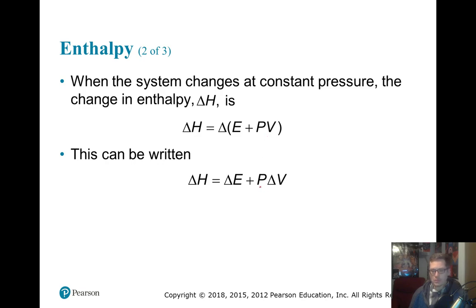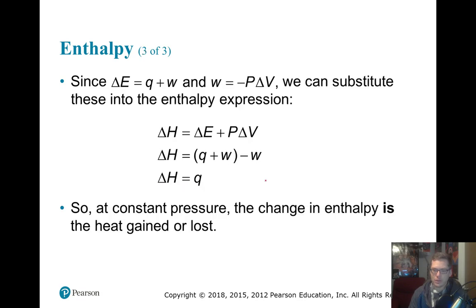But because we're doing it in the atmosphere, we're at constant pressure, so we can get rid of the change in pressure. And so really, delta H is equal to the change in internal energy plus the pressure times the change in volume.